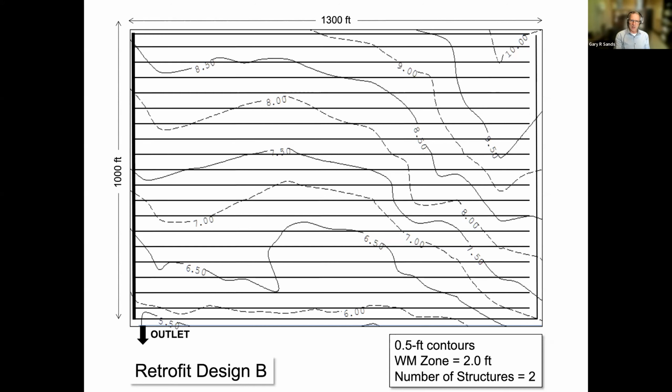And what I'd like you to do now is do the same thing. Let's assume we have a 2 foot water management zone, and you have 2 structures to work with. Place your structure where you think it's appropriate and sketch out both of your 2 foot water management zones.